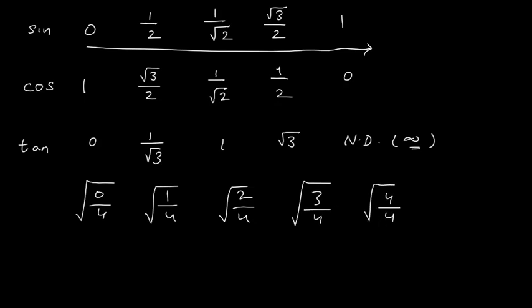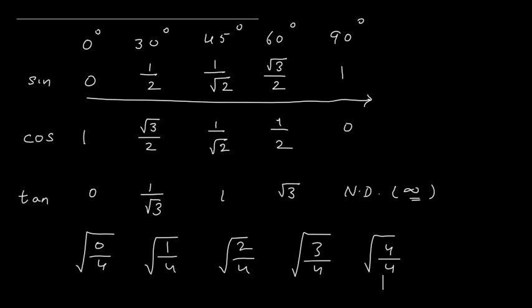So if you take the square root of these numbers, you will get sine of 0 degree, 30 degree, 45 degree, 60 degree and 90 degree. So it is very simple to draw the chart. Initially I recommend that you first draw the chart, and then start solving the problems.